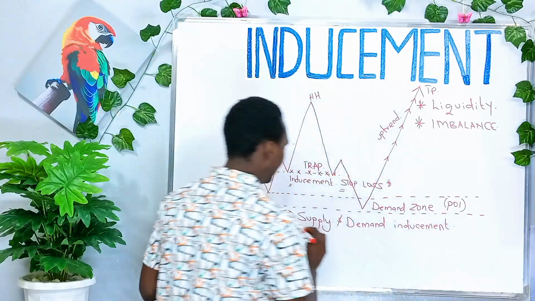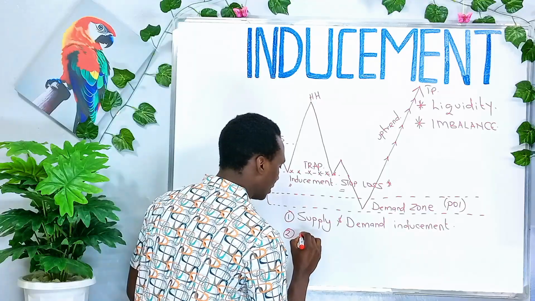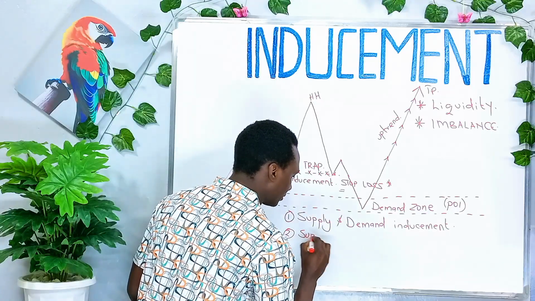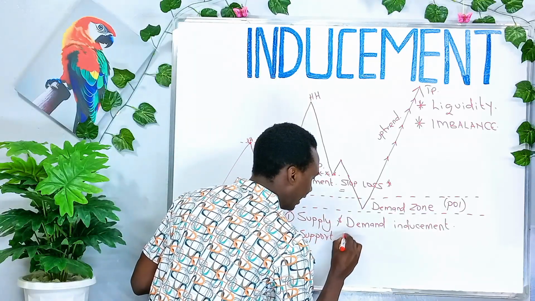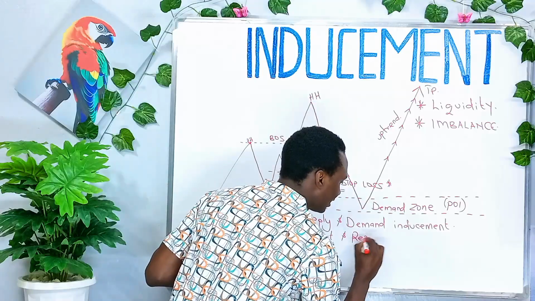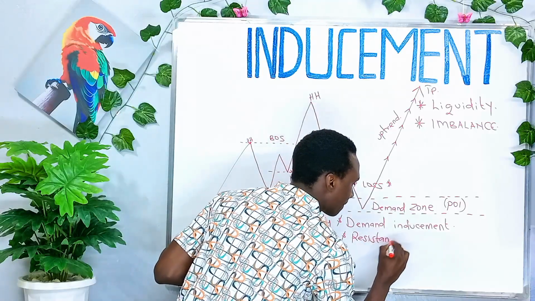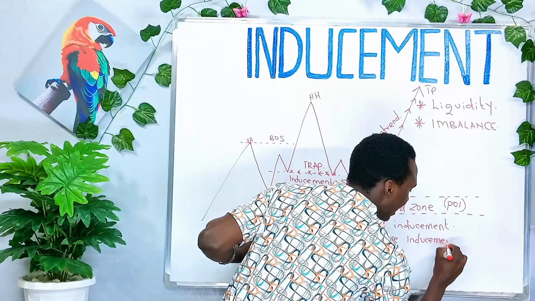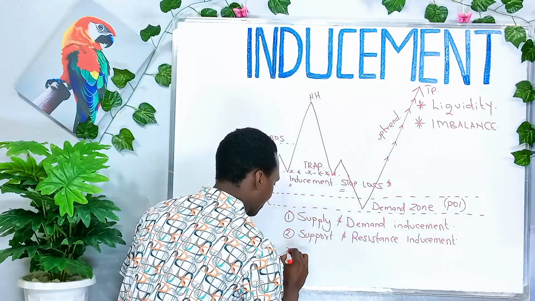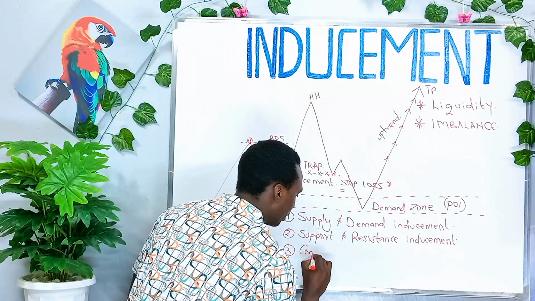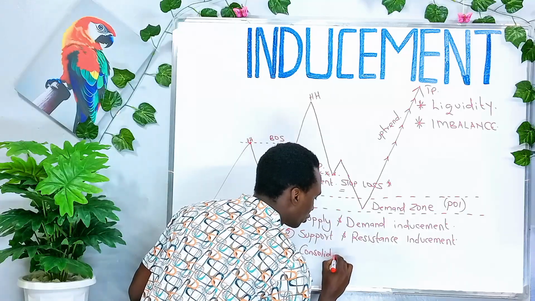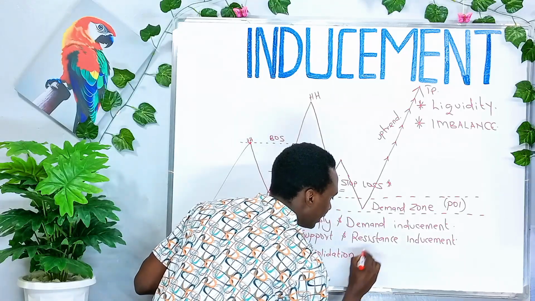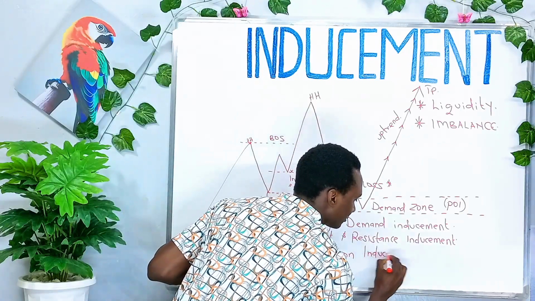Number two is what we'll call support and resistance inducement. And lastly, it is something we call consolidation inducement.